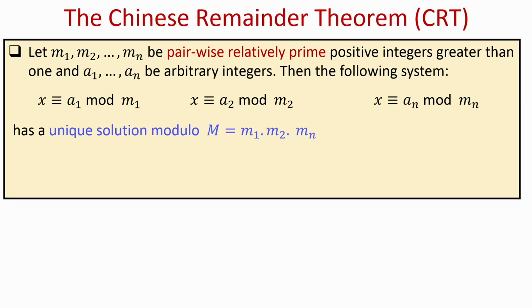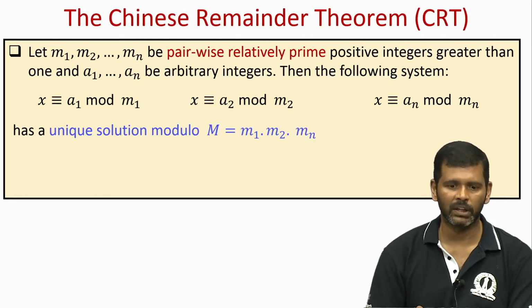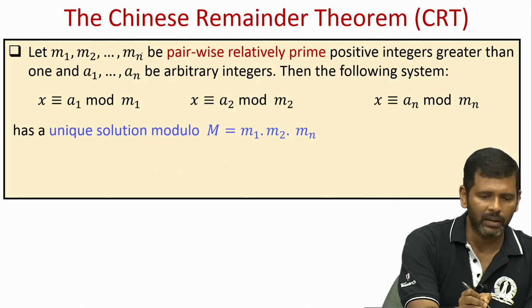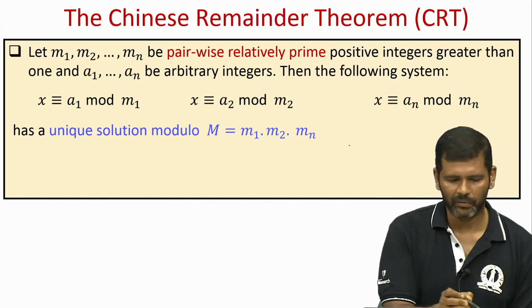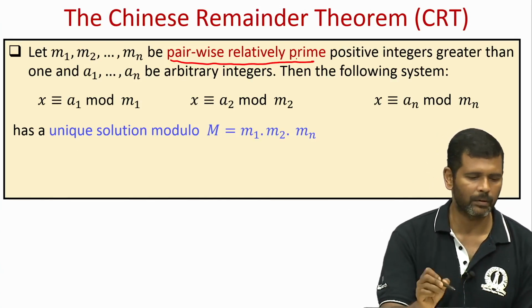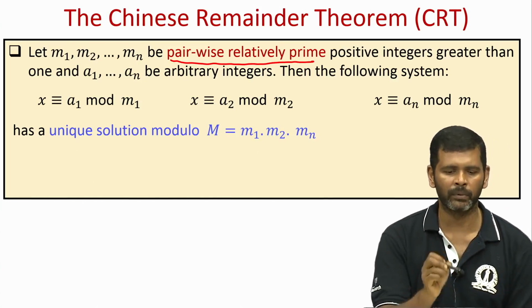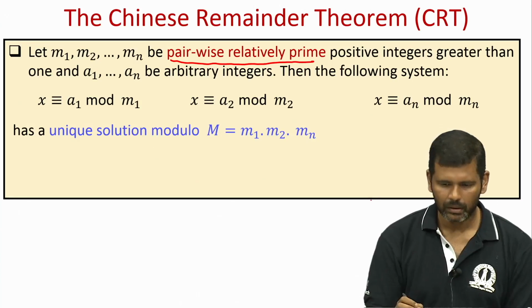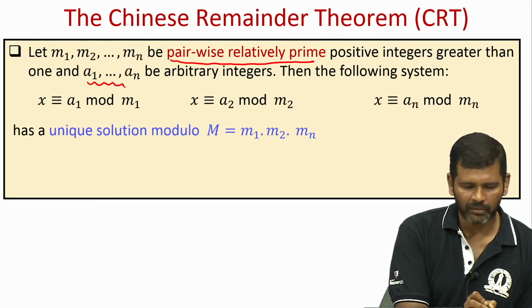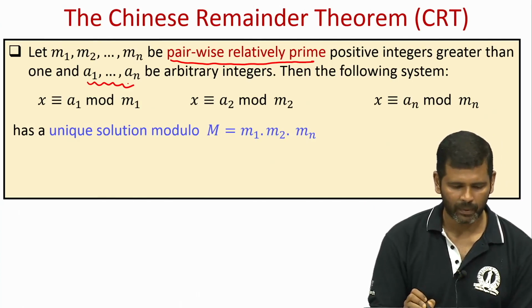So, let me now formally state the Chinese remainder theorem, and then we will prove it. You are given n different moduli which are pairwise relatively prime. That means, if you take any pair of moduli m_i and m_j, they are co-prime to each other, and you are given n remainders a1 to an.